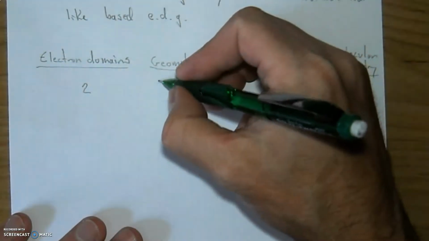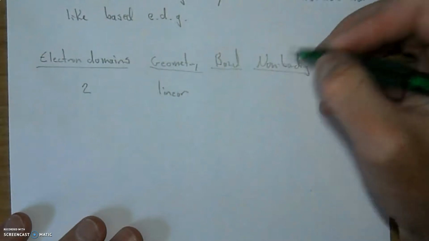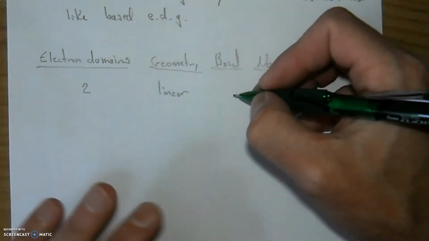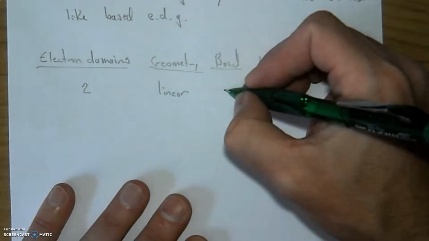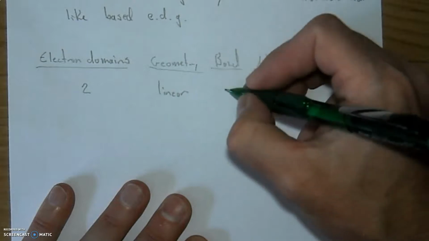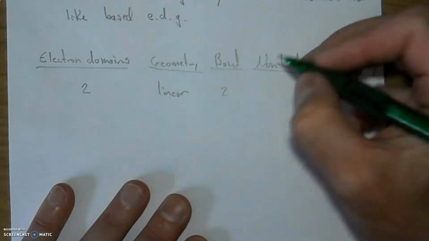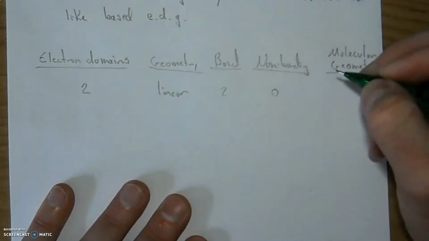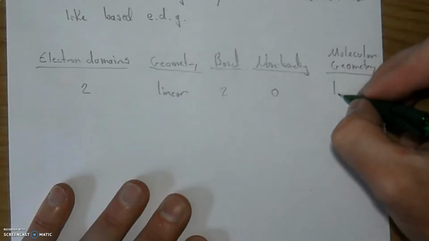Now, based on that, we don't really have a choice. It's linear, and we'll look again at an example shortly. How many bonding pairs? We're going to say that there are two bonded pairs to other atoms, and there are 0 non-bonding pairs, lone pairs hanging out there doing nothing. And based on that, we'll say it's linear.